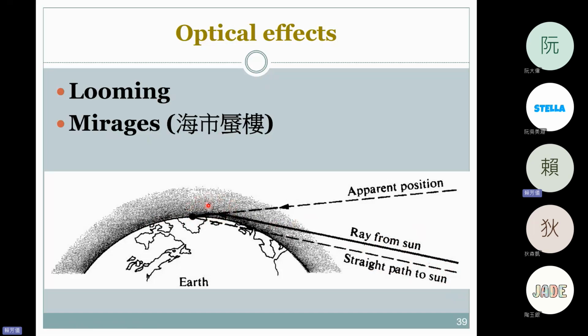Because the refractive index of the atmosphere changes at every level, the light will go through in this way that you can see here. But the final image to your eyes is in this direction.